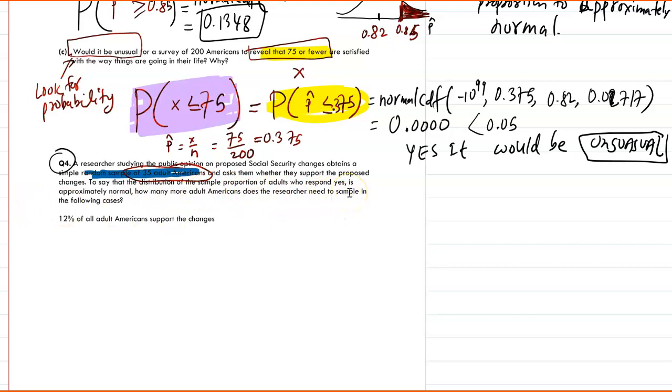Remember, how many more? That means this 35 is not enough. And the question is asking how many more are needed to get the sampling distribution of the sample proportion to be approximately normal.